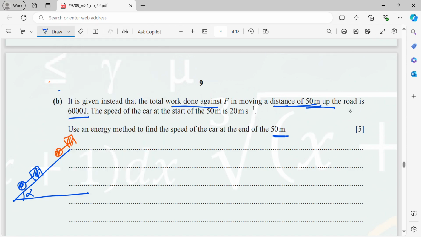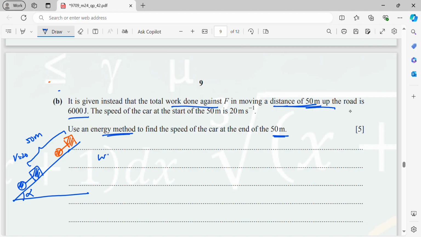That means here is 50 meters. Alright, so then the question says the speed of the car at the start of the 50 meters, so here the v equals 20. Alright, so using the energy method.